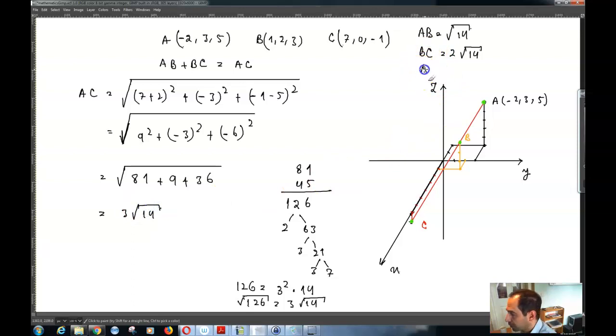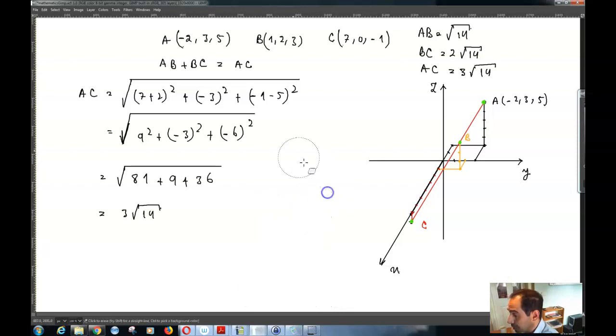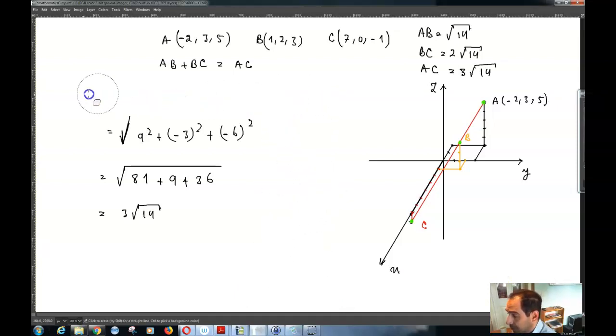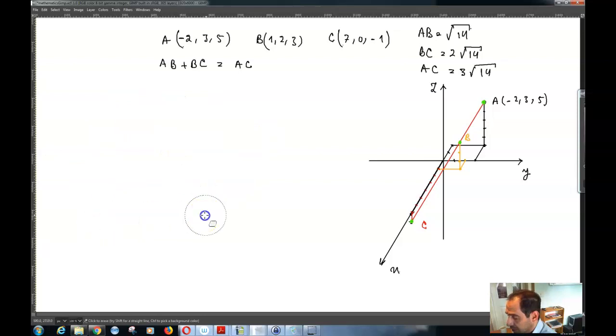Now if I write AC over here, 3 times square root of 14. Now you can come over here and check this equation.